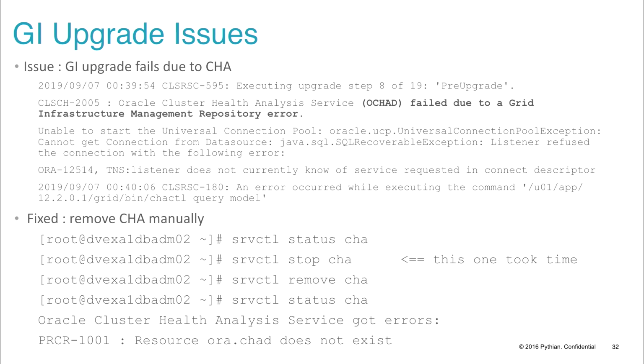How we fixed it was that we stopped the CHA service, we removed it, and we ran another status, and we were okay. This one took about 60 minutes for this service to be removed, so don't get scared if you see this one take a lot of time.